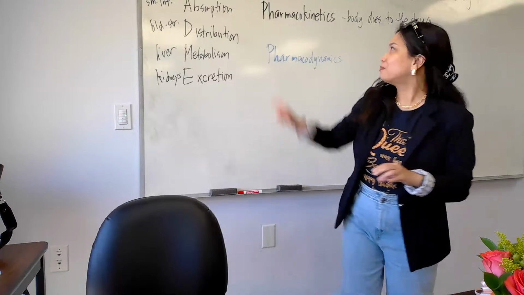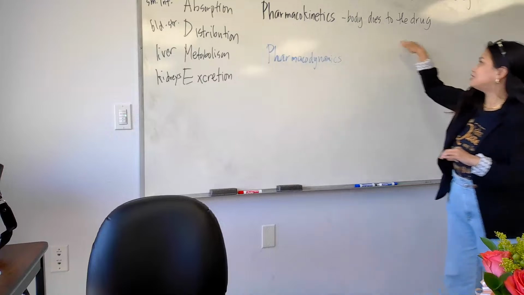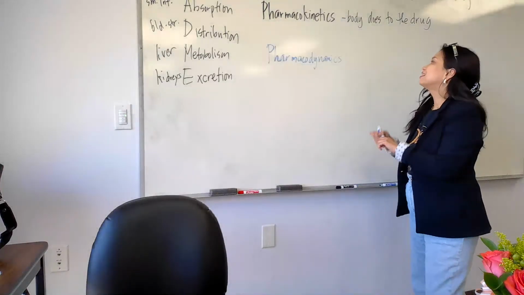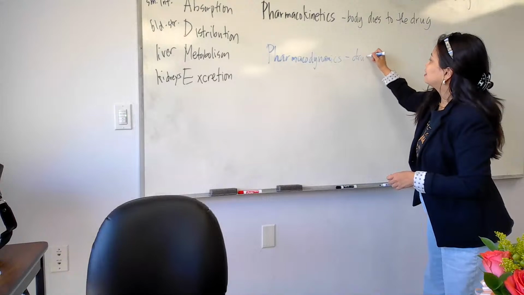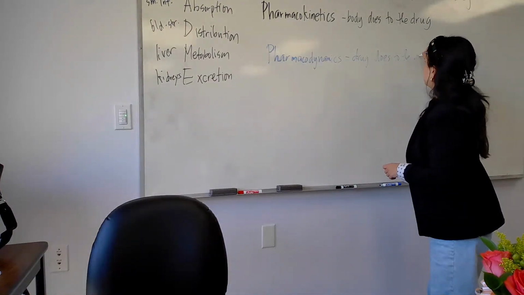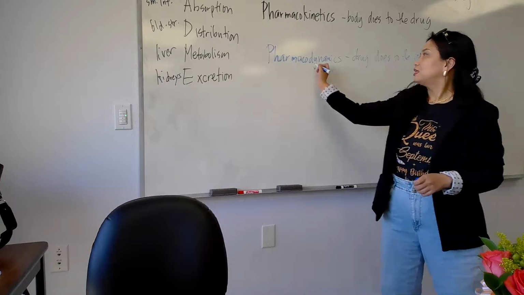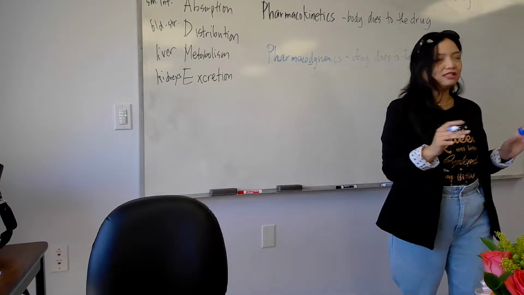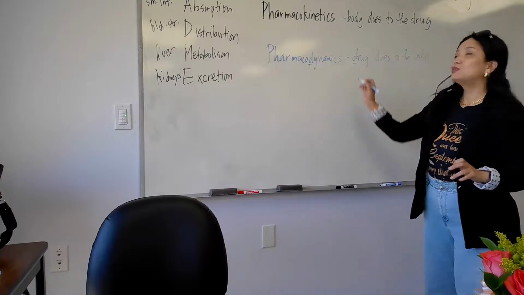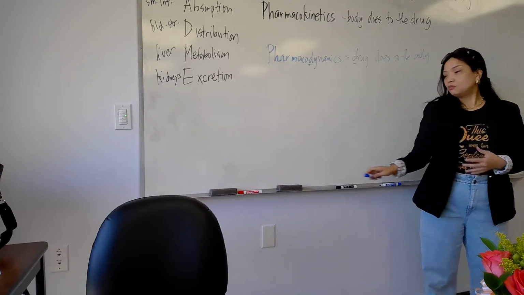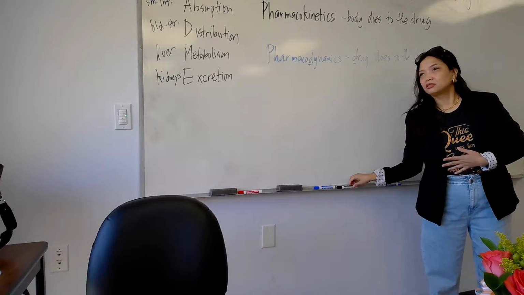If pharmacokinetics is what the body does to the drug, pharmacodynamics is what the drug does to the body. How do I remember? So I don't flip-flop because I have a problem remembering two options. D, what the drug does to the body.